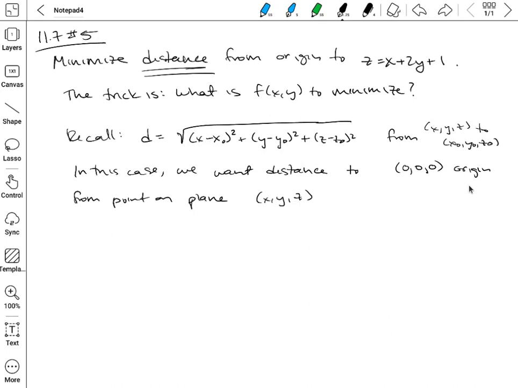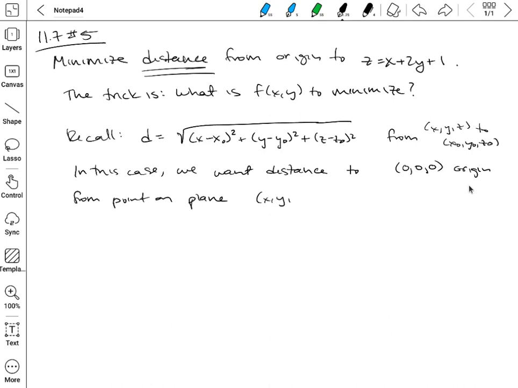Another way to spot that there's an extra trick to this is to notice that up to now I haven't used the formula for the plane that's given. We use the origin part to say that we're going to 0, 0, 0, but we still need to find some way to use this equation of the plane.